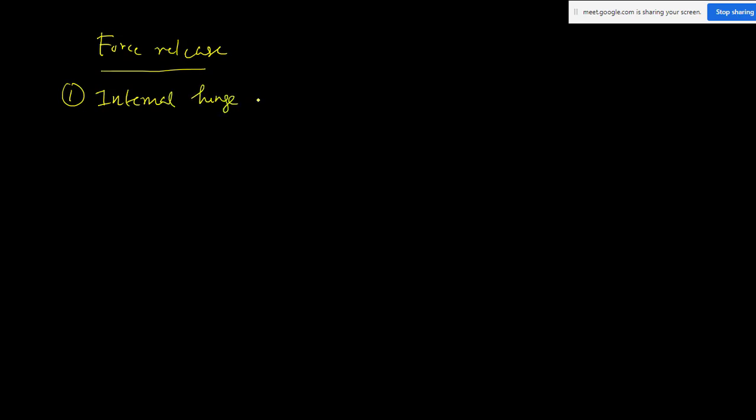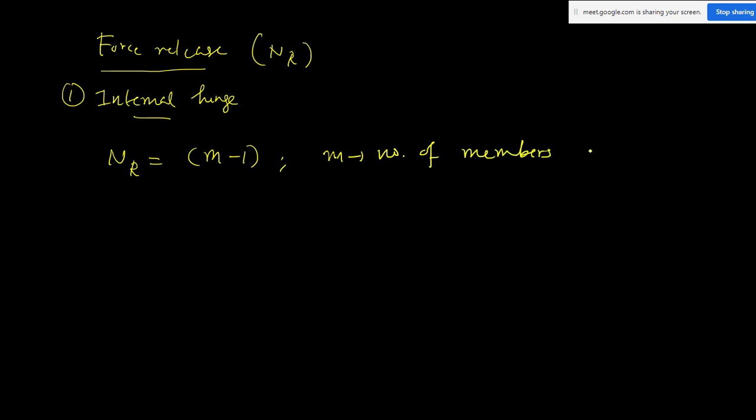Then the value of nr you have to take is m minus 1, where m is the number of members connected to the hinge.